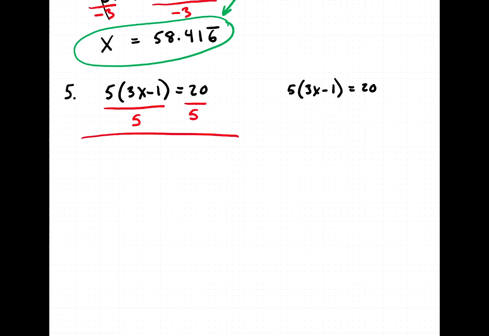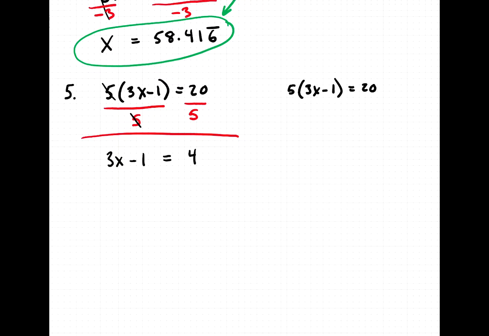And in this case, the times 5 and the divide by 5 will cancel. So we'll be left with a 3x minus 1 on the left. And then 20 divided by 5, that will give us 4. Okay, so we've eliminated one of the things around the x, and we have 2 more to go. Now we have to get rid of the 3 and the 1.